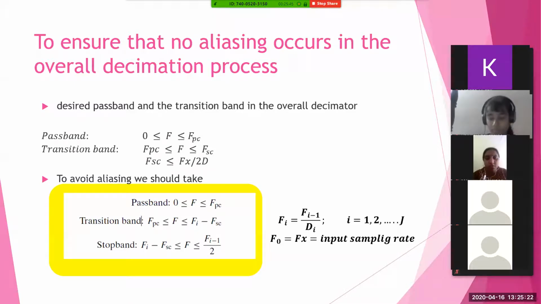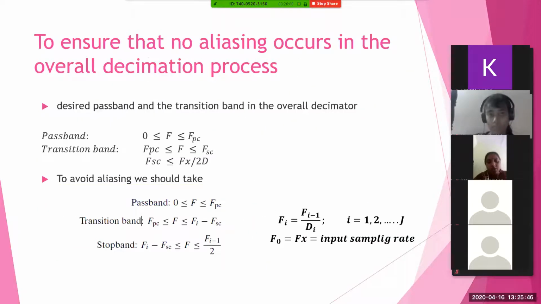So each stage is getting a new sampling rate, right? As a result, for each stage, there will be a new transition band cutoff frequency, which is given here as Fi minus Fsc. And from the previous discussion, it is clear what Fi is.